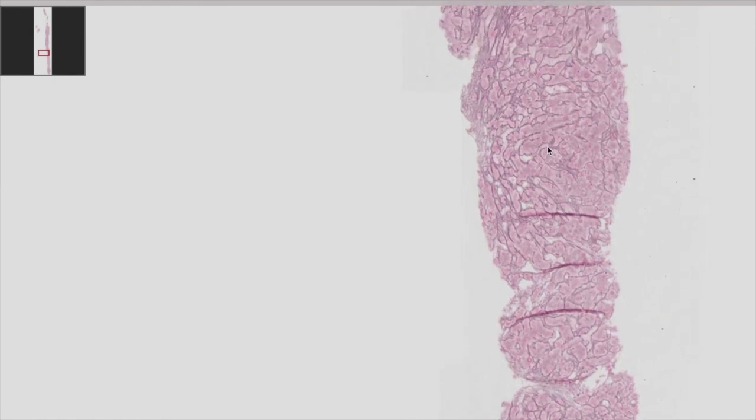So you have this aspect throughout the whole sample, and so it's easy to confirm the diagnosis of nodular regenerative hyperplasia. You have here the regenerative area, and again here the atrophic areas. So it's not a textbook case of nodular regenerative hyperplasia, but it's a real life case.